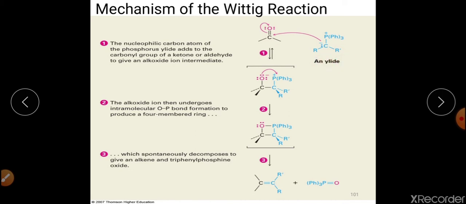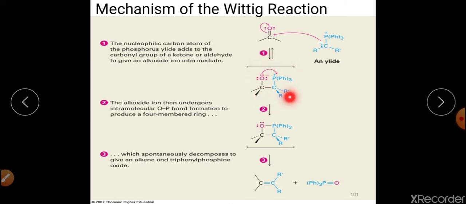You know that in the ylide the carbon carries the negative charge, so this negatively charged carbon will attack the carbonyl carbon, because this is a case of nucleophilic addition, with movement of electrons from the carbon-oxygen bond to oxygen, forming the O negative. Now this O negative will attack the phosphorus, as the phosphorus contains the positive charge.